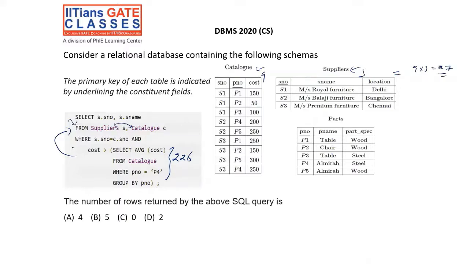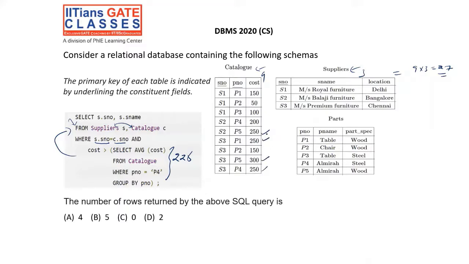But then go to the where condition. In the where condition, two conditions are there: supplier number and catalog supplier number should be equal, and cost is greater than 225, right? So better to first find out which tuples have cost greater than 225 in the catalog. This tuple, this one.